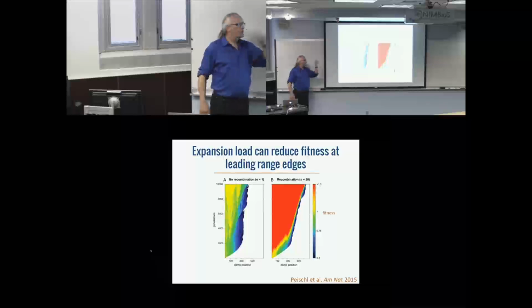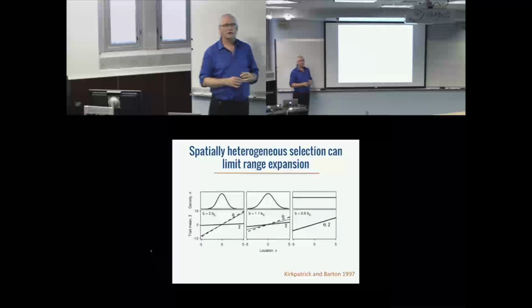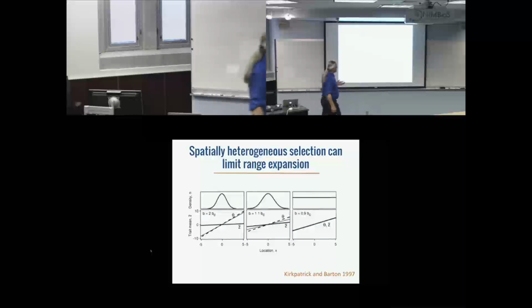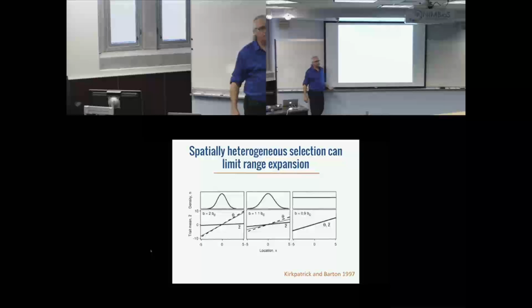Okay. Now, there's another line of population genetic thinking about range edges that dates a lot back to this paper by Kirkpatrick and Barton in 1997. There's been a lot of work since then, but this is just a figure from there.